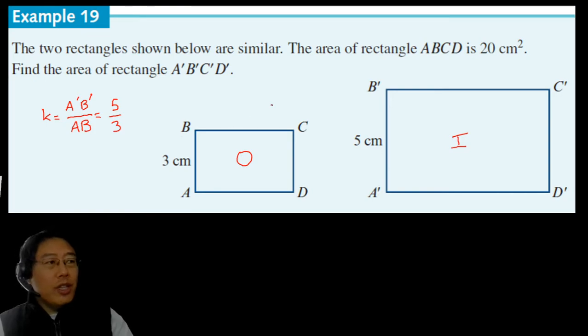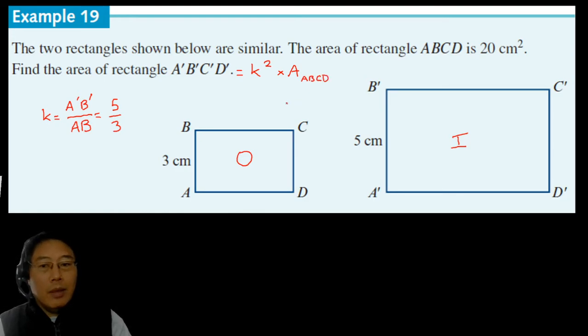Now you know the area of the original rectangle, so to find the area of the image rectangle, it's going to be equal to k squared times the area of ABCD, if I use the same notation.